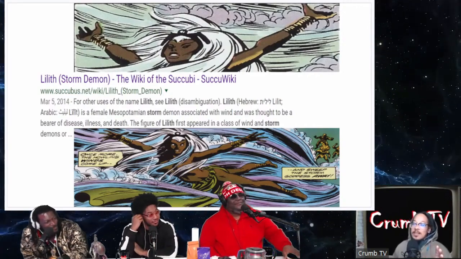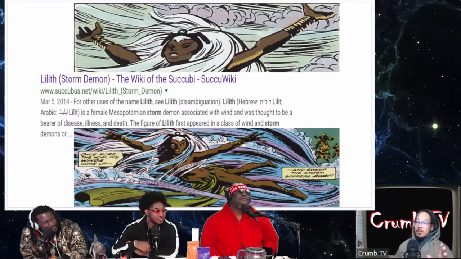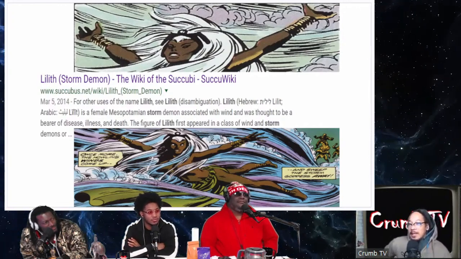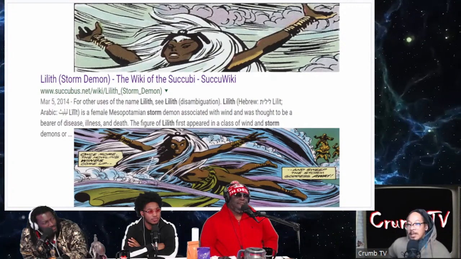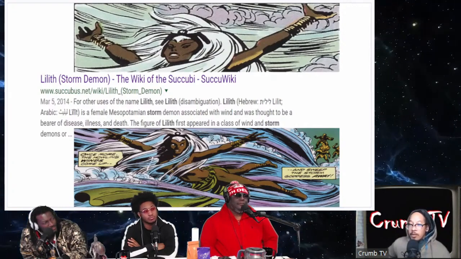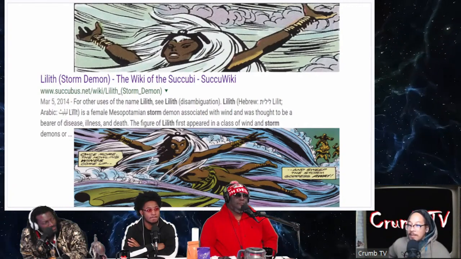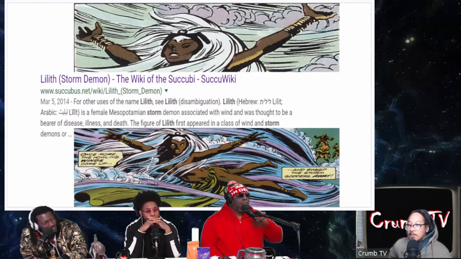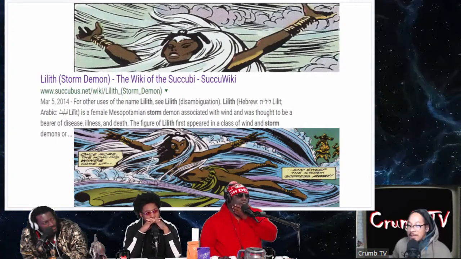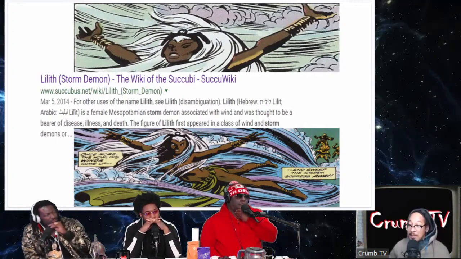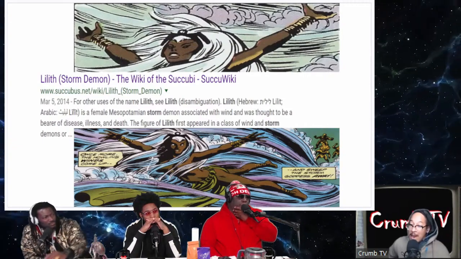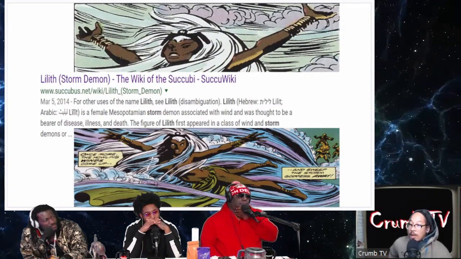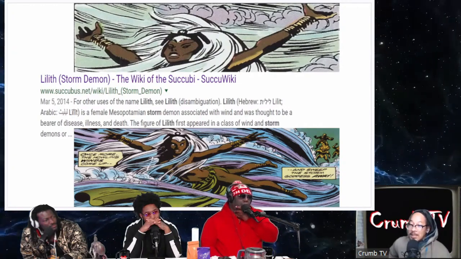But yeah, so this is the source material, succubus.net wiki, Lilith, storm demon. It reads, for other uses of the name Lilith, see disambiguation. Hebrew, a female Mesopotamian storm demon. I told you Lilith's a demon, associated with wind, and was thought to be a bearer of disease, illness, and death.